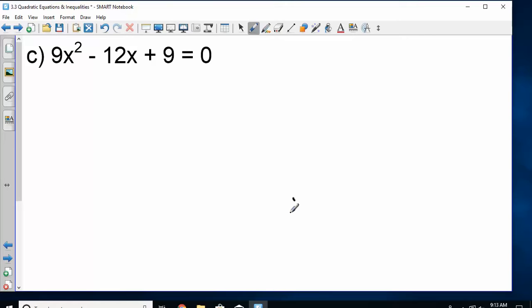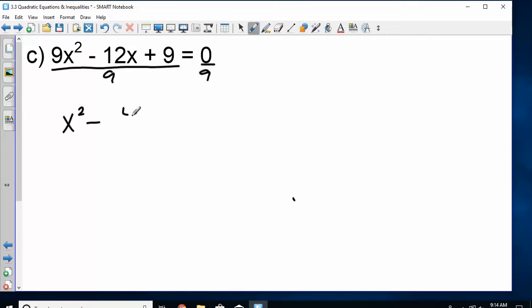Where do I need to begin here? This one is not a 1x squared, so we do have to divide by 9 first. When you do that, you are dividing everything by 9, so both sides of the equation. So 9x squared divided by 9 is just x squared. 12 divided by 9, let's just reduce it.